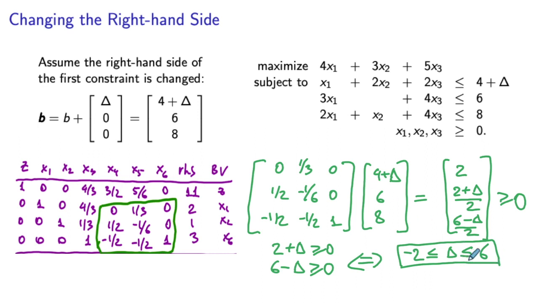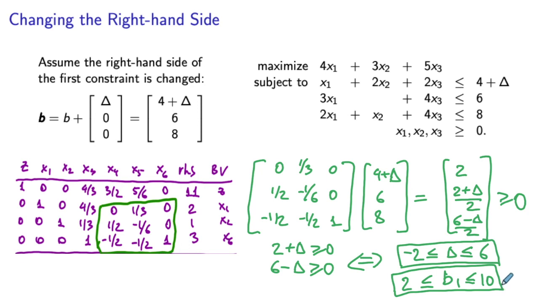If we want to express this answer in terms of the range for the right-hand side value, then b1 is going to be between 4 plus delta values on the left and on the right. So 4 minus 2 is 2, and 4 plus 6 is 10. So b1 is between 2 and 10, and this is the range of values for the right-hand side of the first constraint such that the previously optimal basis remains optimal.